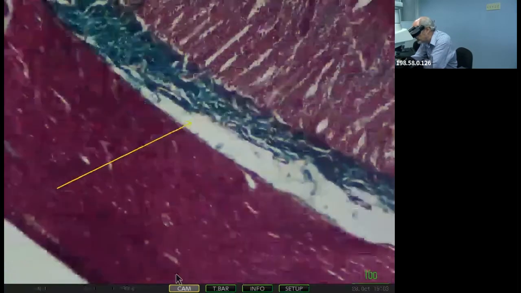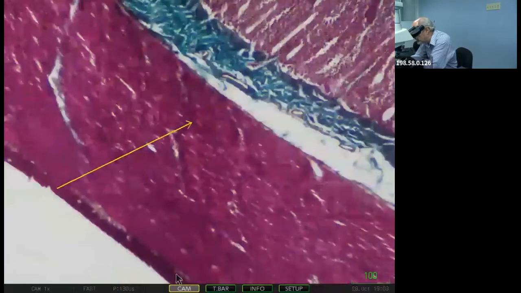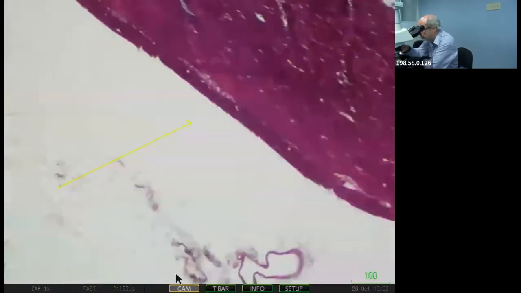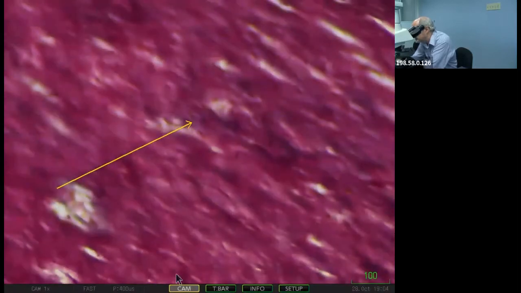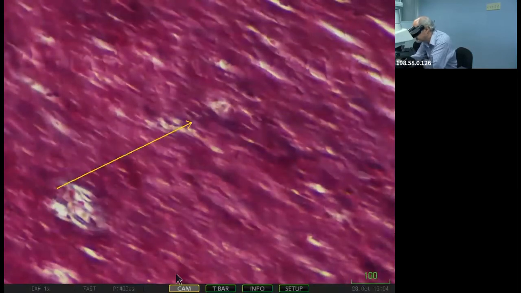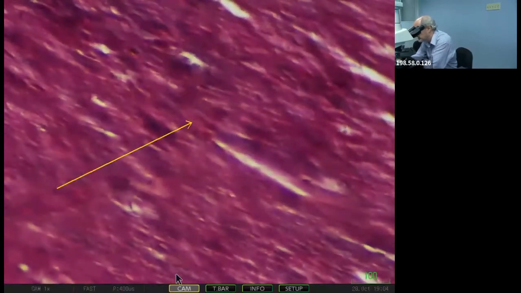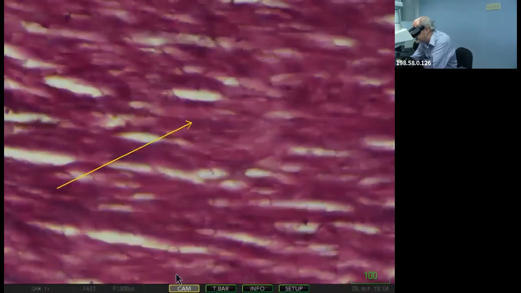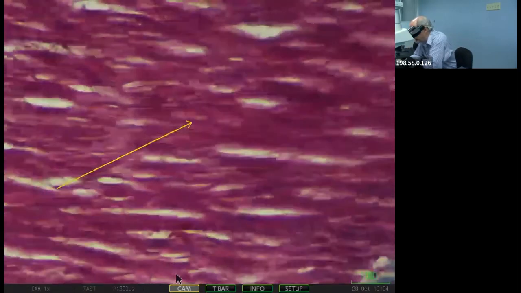You have a submucosa with some connective tissue, and here you have your muscularis externa, which is made of these fusiform smooth muscle fibers. It's not necessarily easy to distinguish, but you see the shape, fusiform, okay?